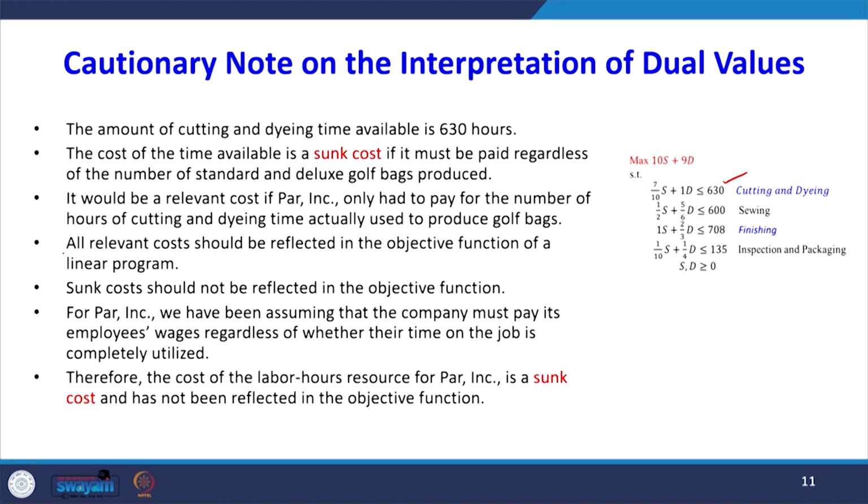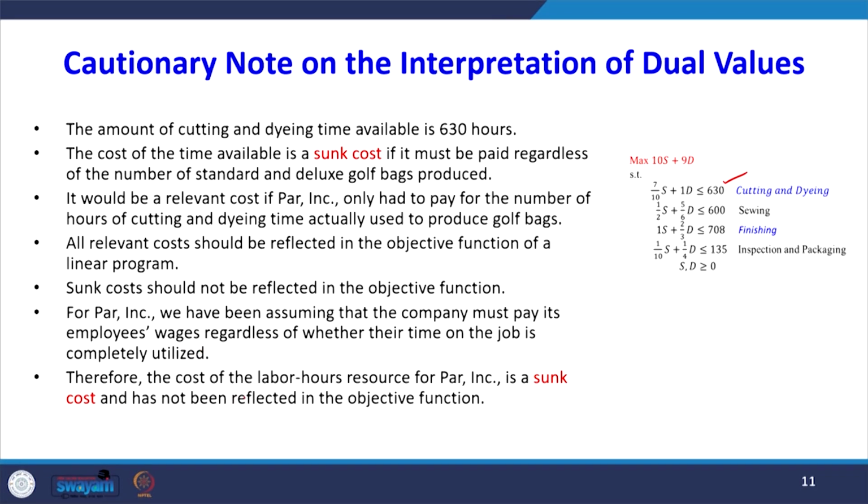So, all relevant costs should be reflected in the objective function of a linear programming problem. Sunk cost should not be reflected in the objective function. For the problem which we are discussing, we have been assuming that the company must pay its employees' wages regardless of whether their time on the job is completely utilized.